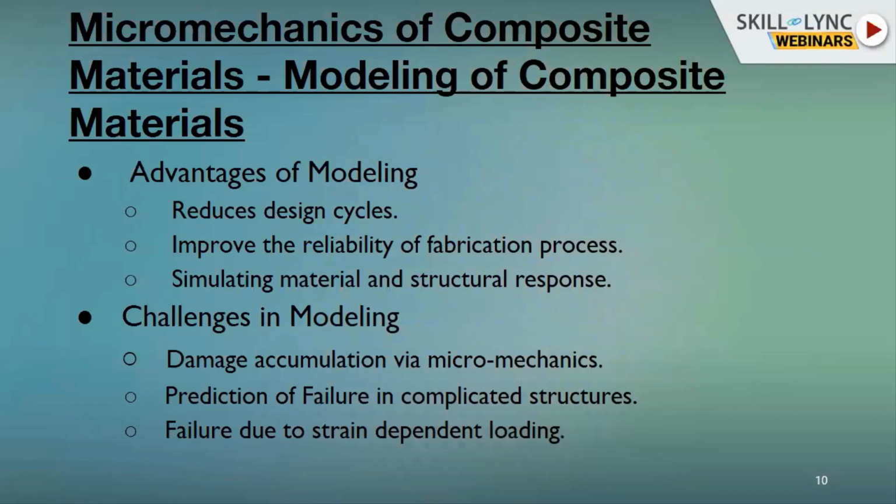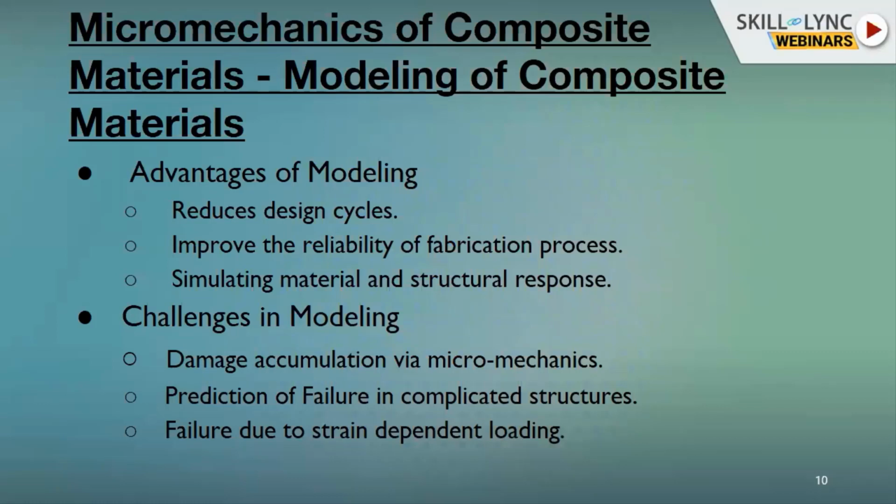One can always say that any structural design requires a lot of iterations, and when it comes to composite materials, if you go directly with a prototype and do your design activities, then it will involve a lot of experimental work, and economical cost effectiveness will not be there if you directly jump into making a prototype.